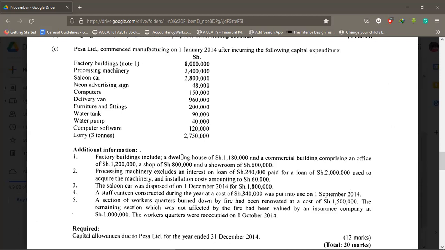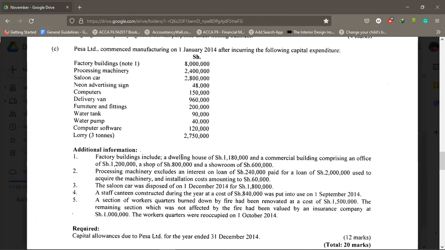Number 2, processing machinery excludes an interest on loan of 240,000 paid for a loan of 2 million used to acquire the machinery, and installation cost amounting to 60,000.